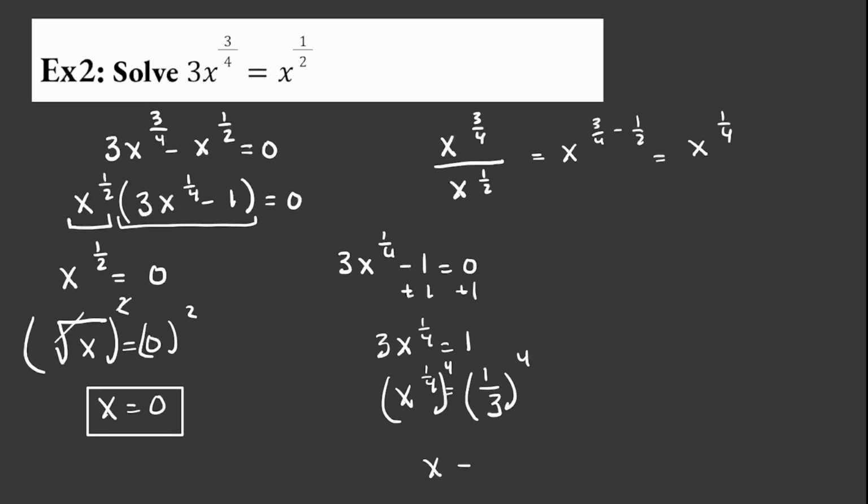That leaves x equals 1 to the 4th over 3 to the 4th, and that equals 1 over 81. So the two solutions are x equals 0 and x equals 1 over 81. We can always check our solutions by plugging them back into the original equation.